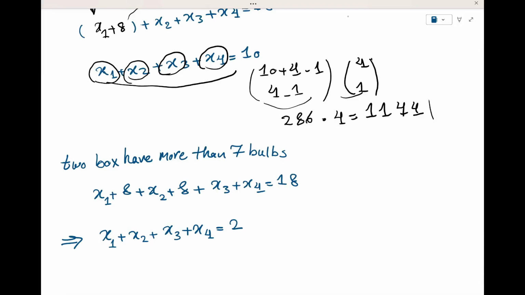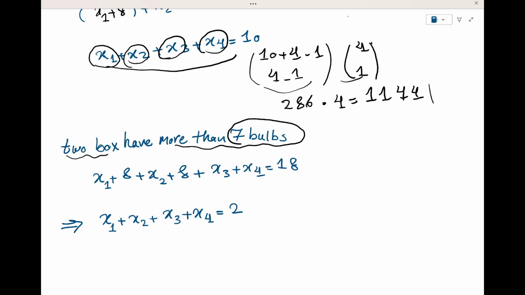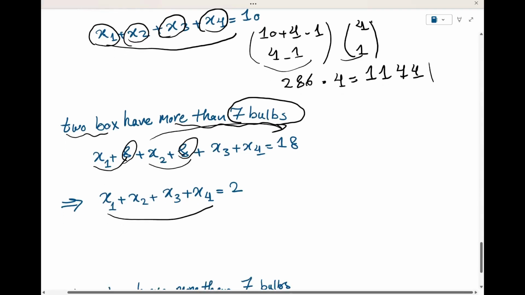But next, consider 2 boxes having more than 7 bulbs. In this equation, suppose x1 and x2 accept more than 7 and break our rules, and we put this 16 on the left side. Therefore, our equation is x1 plus x2 plus x3 plus x4 is 2.